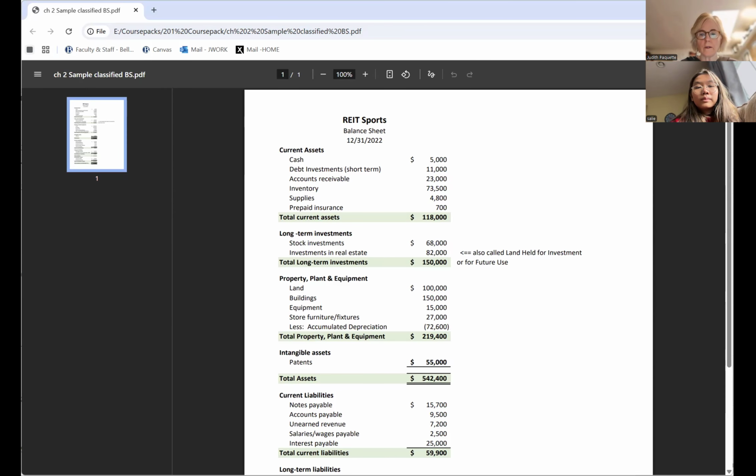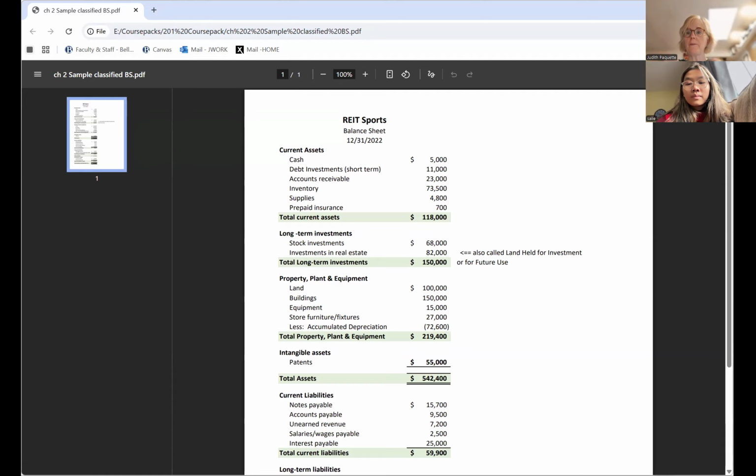Okay, I'm looking at the one in the textbook, and it has the same numbers. I use almost the same.